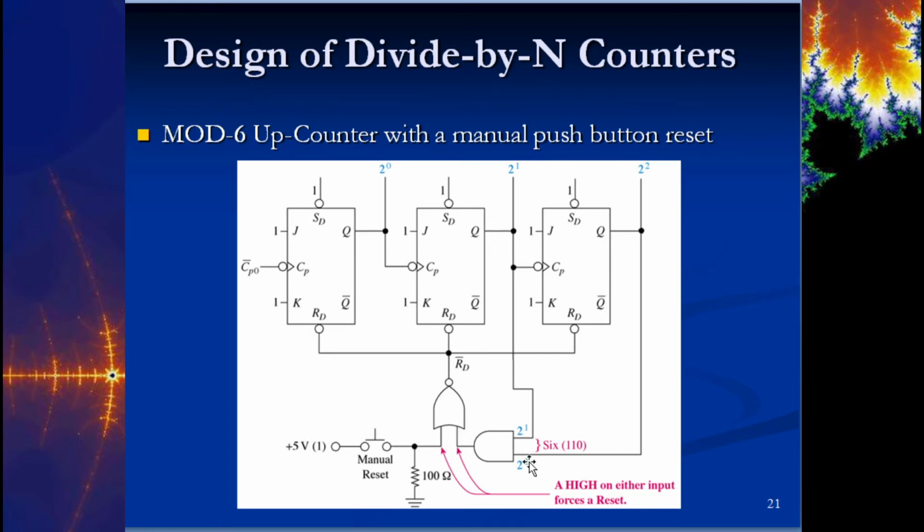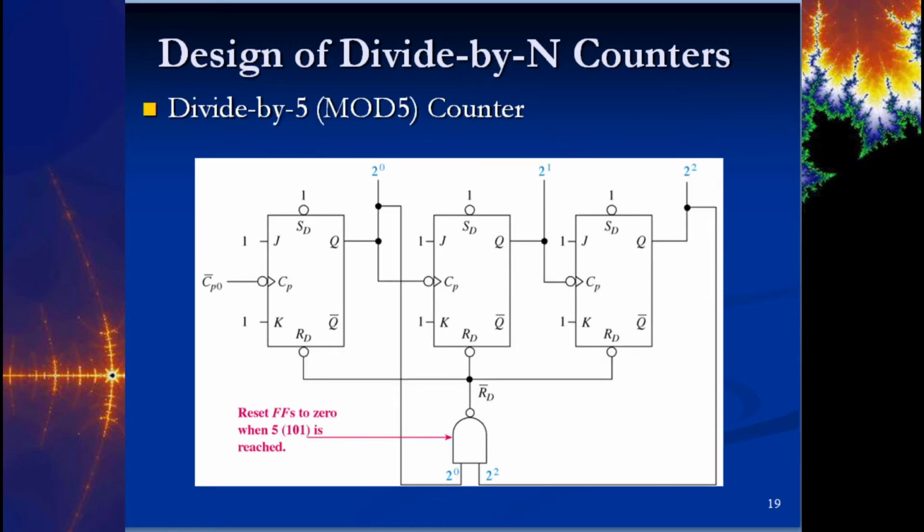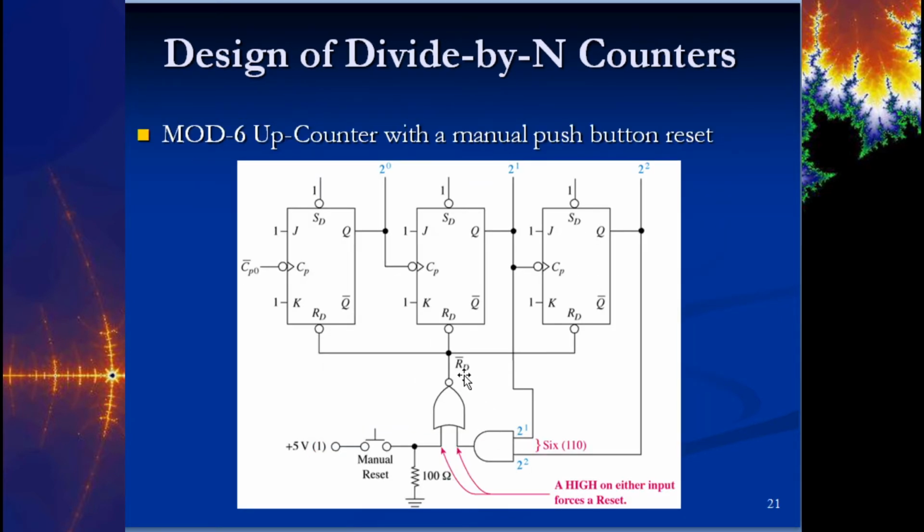So you may have to do something similar if I ask for this on an exam. The most common mistake here is that, because you just heard me say you have to have a NAND, what you really have to have is an inversion before you touch these reset terminals.